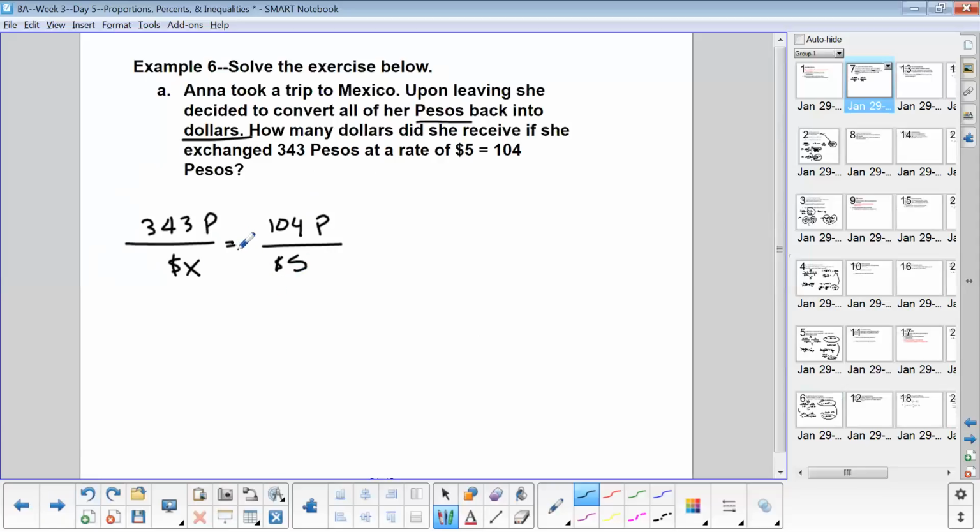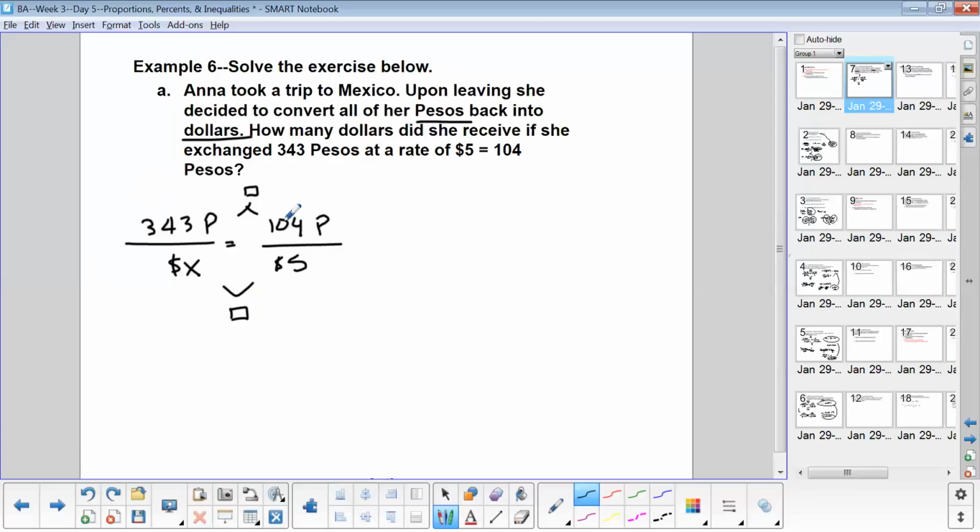Well, if I say 343 times something is equal to 104, I need to know what that something is, which I don't. And then if I knew what that something would be, problem is I don't know what I'm multiplying it by.